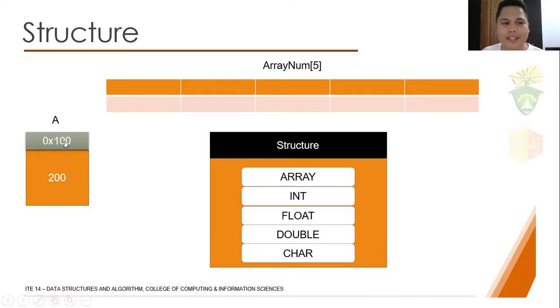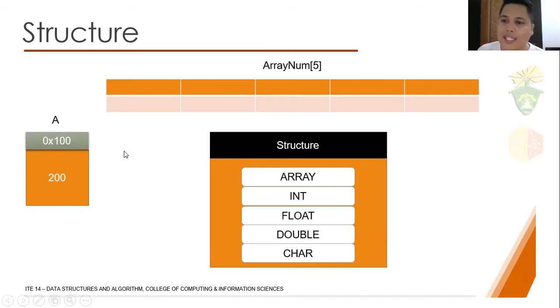Then that memory address, by the time you declare your variable, will be bound to your variable name. So we have here variable A with memory address 0x100.